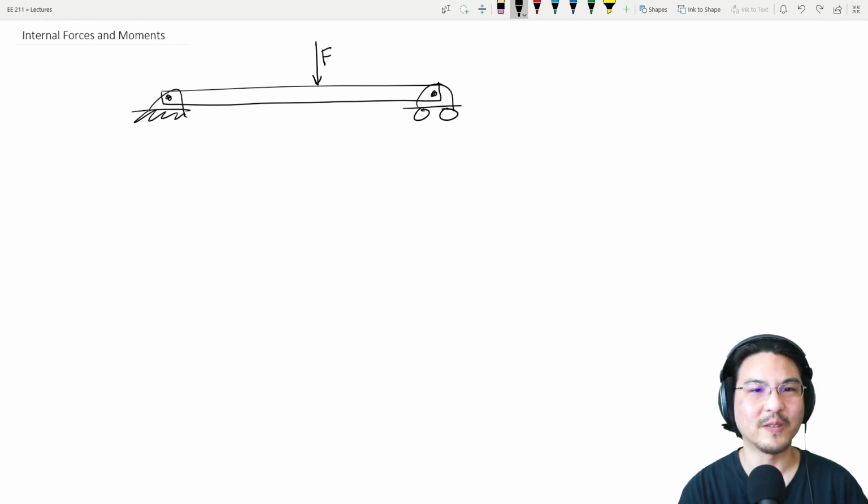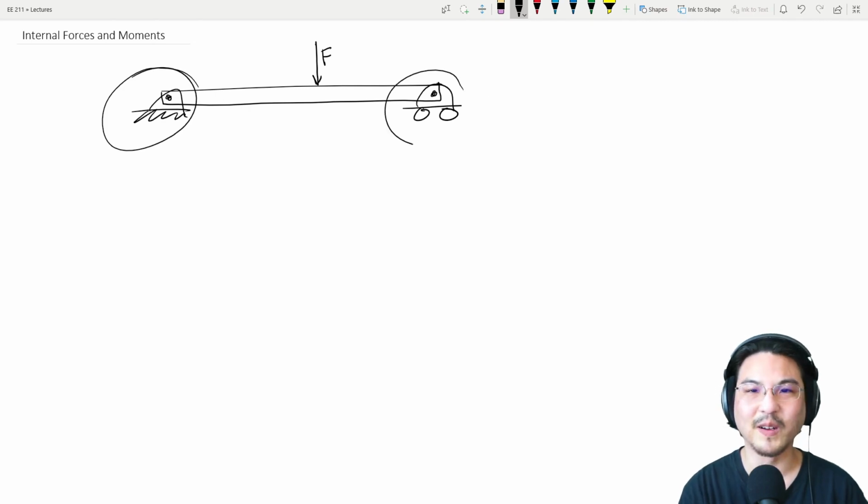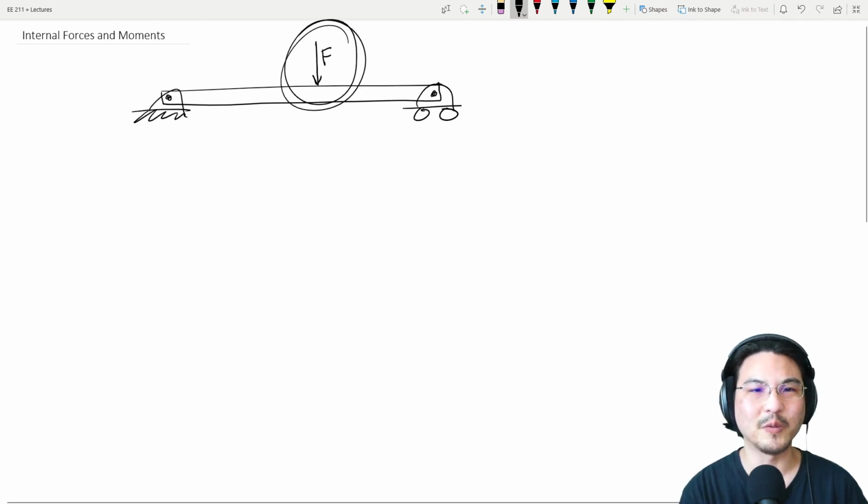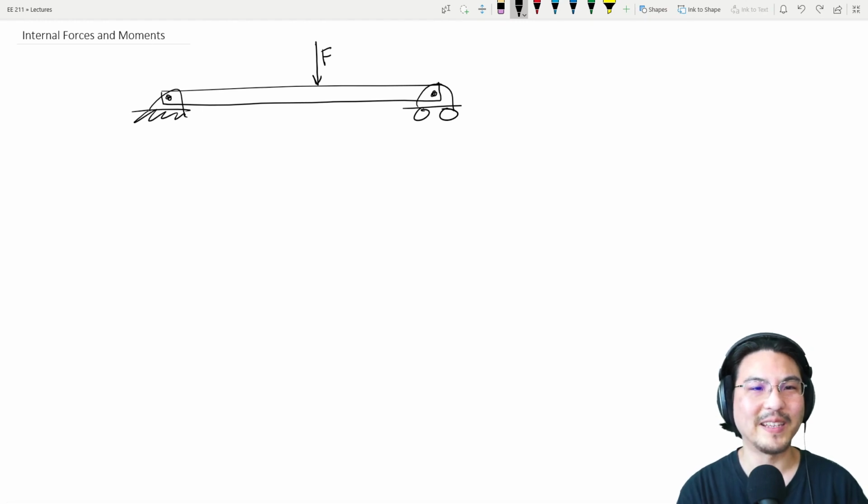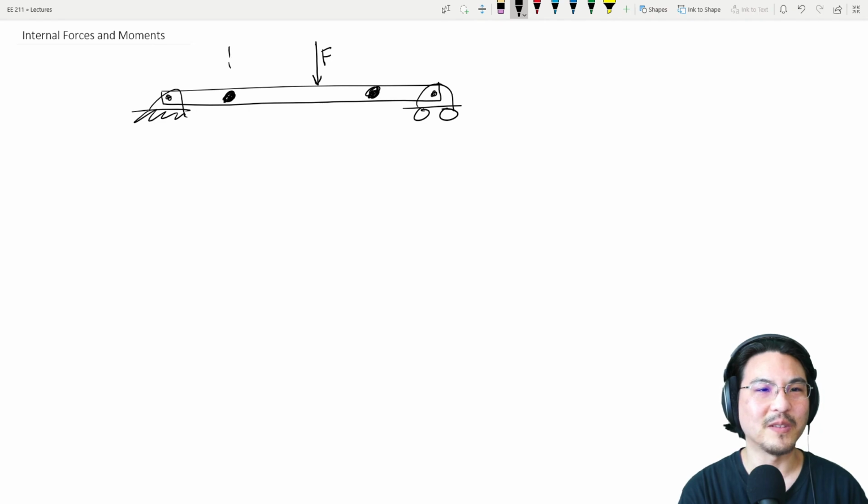Okay, so let's say you have this beam with a pin support here and a roller here and some load somewhere in the middle. Let's say we want to know what's happening internal to the beam right here, and also right over here. So what you do is you section it like this.